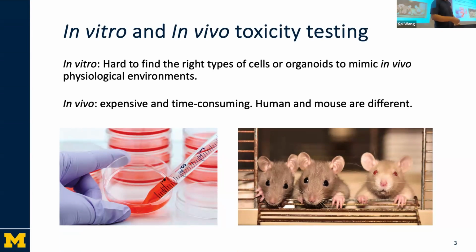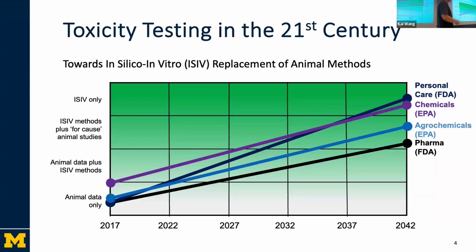So it's hard. In the US, the EPA and FDA proposed toxicity testing in the 21st century. Based on this figure, you can see that in 2042, all of those personal care products and chemicals should only be tested for toxicity using computational or in vitro ways.